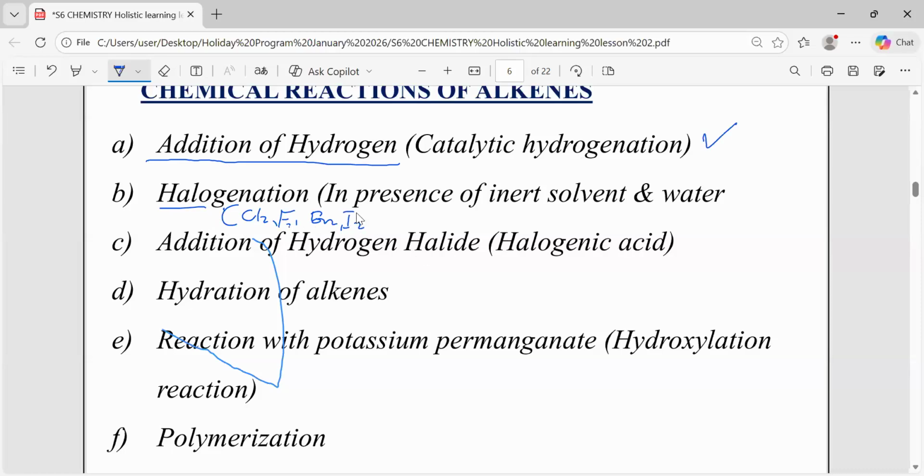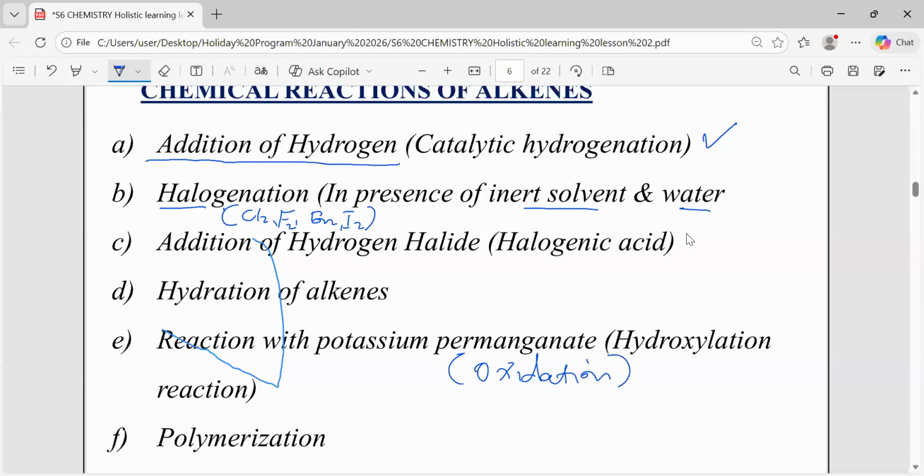All of these are halogens. So we shall be looking at addition of halogen, or halogenation, in the presence of inert solvent and in the presence of water. Someone is asking, what about oxidation? Don't worry. It is on number E. This is also known as oxidation.